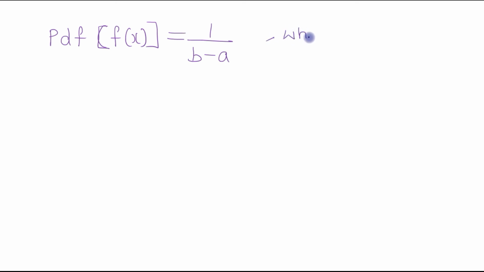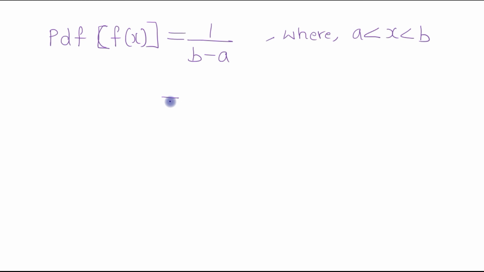Now the PDF, which is f(x) equals 1 upon b minus a, where a is less than x less than b. Okay.